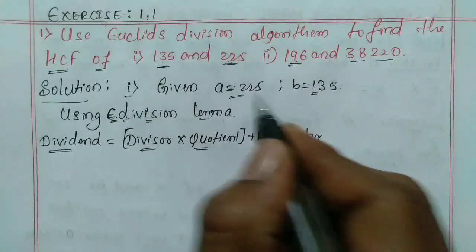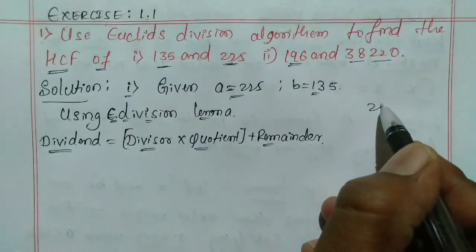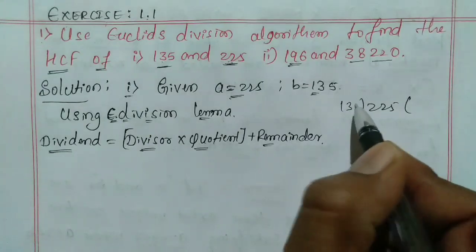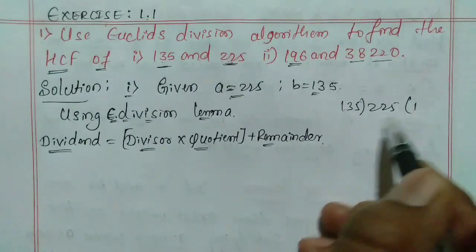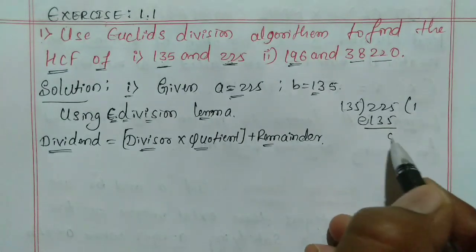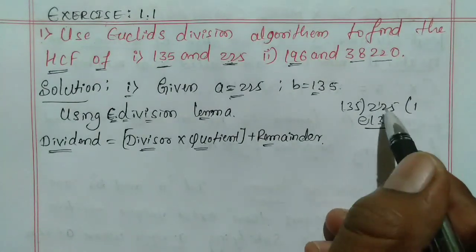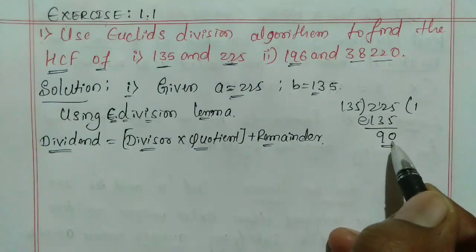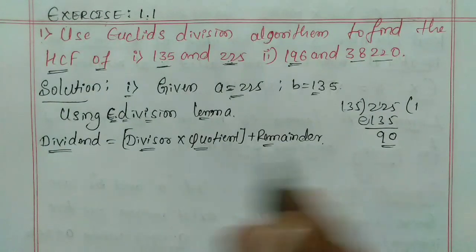Here A is 225. Divide 225 by 135: 135 ones are 135, and 225 minus 135 gives remainder 90.